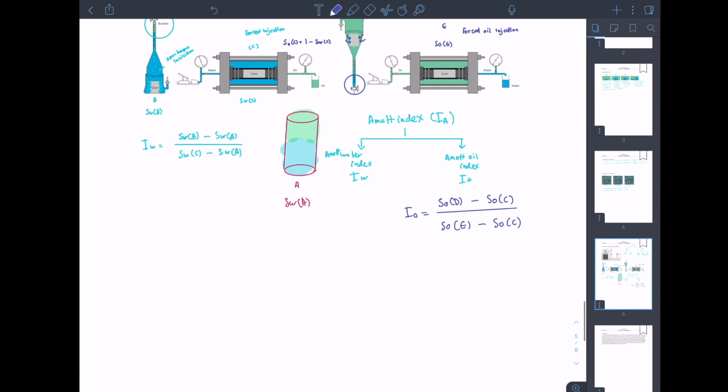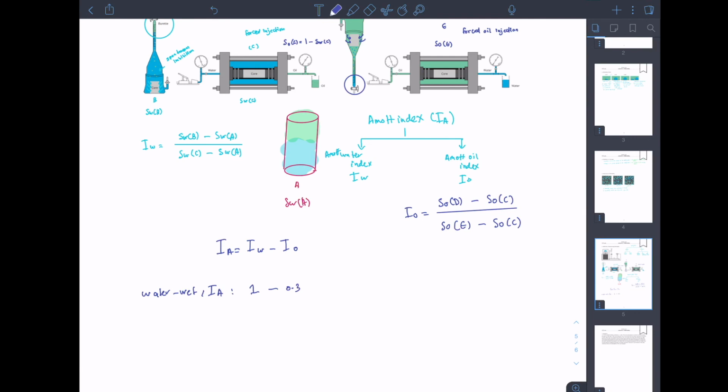Finally, the Amott index equals the Amott water index minus the Amott oil index. To identify the wettability, for water wet, IA, which is the Amott index, should be between 1 and 0.3.